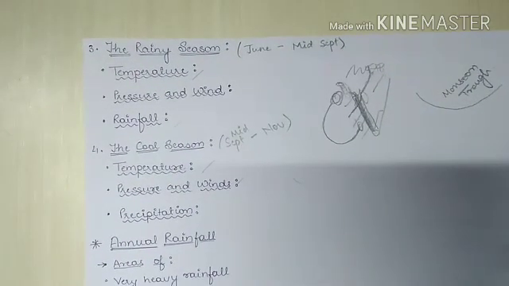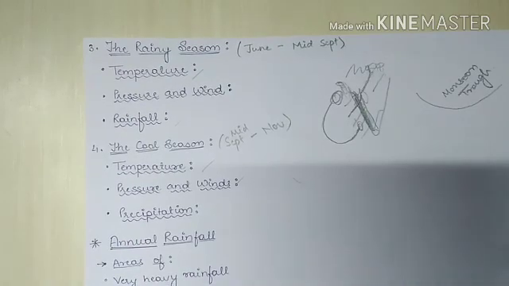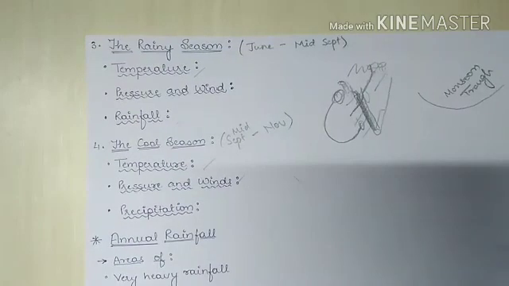Now, the areas of low rainfall receive rainfall of 50 to 100 centimeters. They include large parts of Gujarat, Maharashtra, western Madhya Pradesh, then Karnataka, eastern Rajasthan, Punjab, Haryana, and part of Uttar Pradesh.